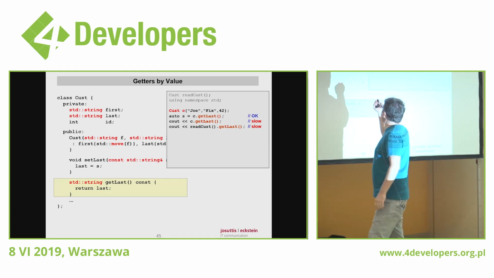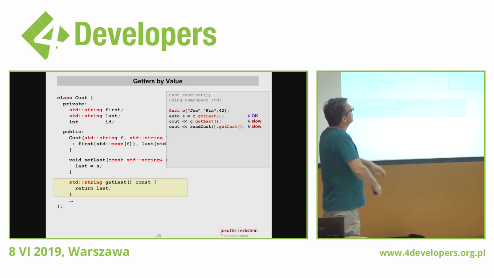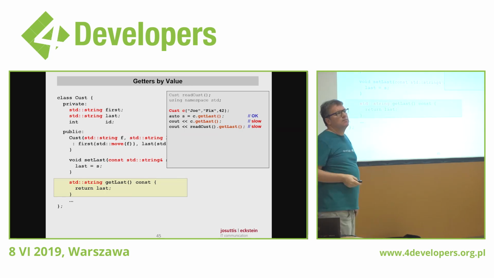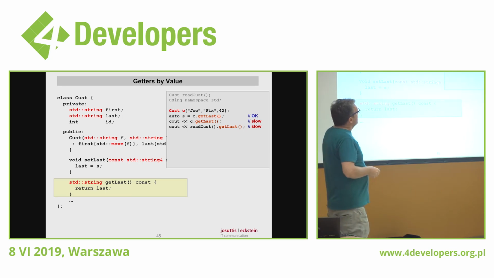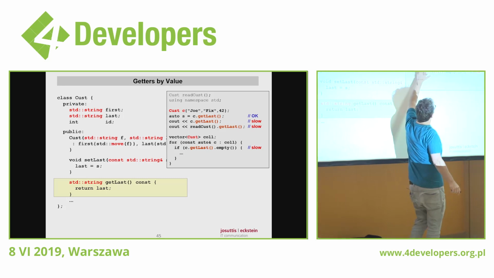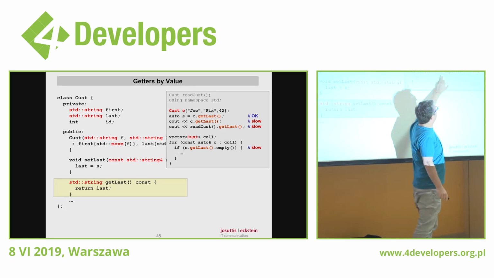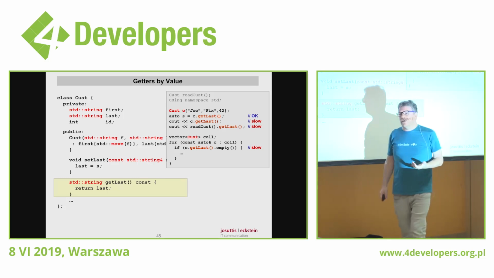So if we have a customer c and we call get last, we will create a copy of the last name. And that will then be used, and if it's temporary, it will then delete it immediately. If you, for example, have a vector of customers, you iterate over all the customers, then you call get last and check something.